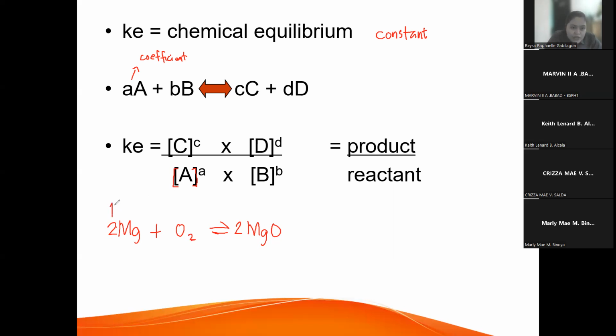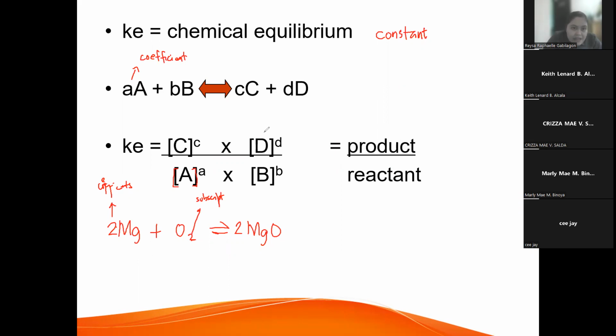So, ito class ang tinatawag natin na coefficients. This is coefficient class. And ito, we call this a subscript. Okay? But in the computation of chemical equilibrium, we are going to use this formula.